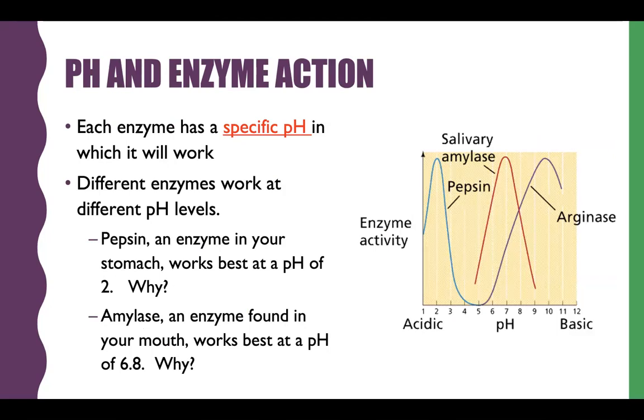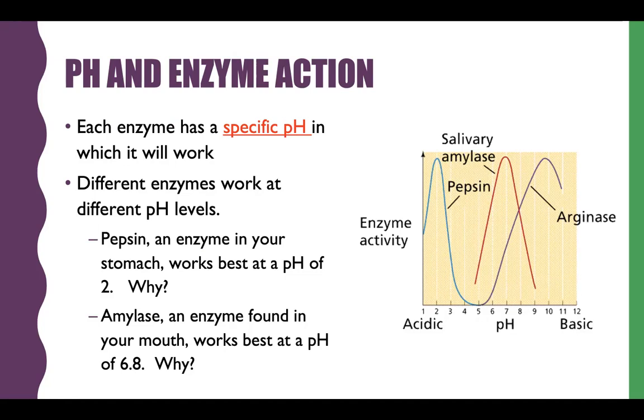Each enzyme in your body or in any living thing has a specific pH in which it will work. Different enzymes work at different pH levels. So, for example, in your stomach, you have an enzyme called pepsin, and it works best at a pH of 2.